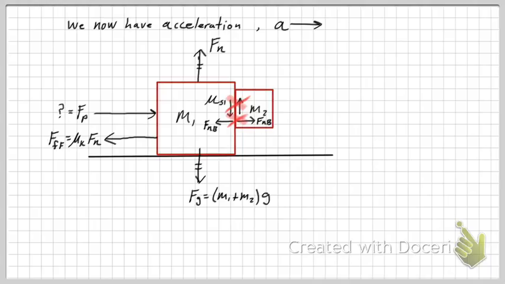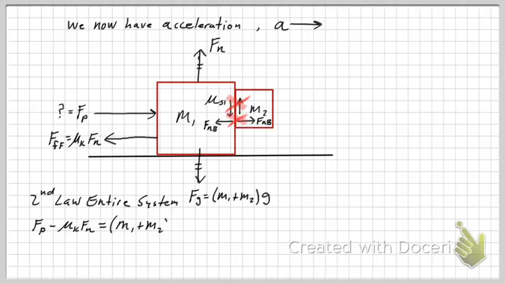I have everything I need to go to Newton's second law on this equation. And when I set this up, since I know acceleration, my only unknown is going to be the applied force. Therefore, I'll be able to solve for just the applied force.